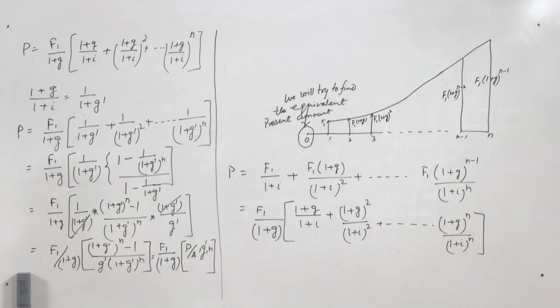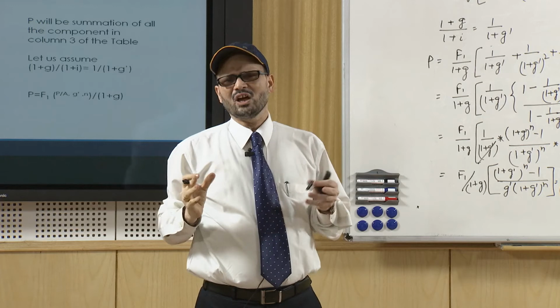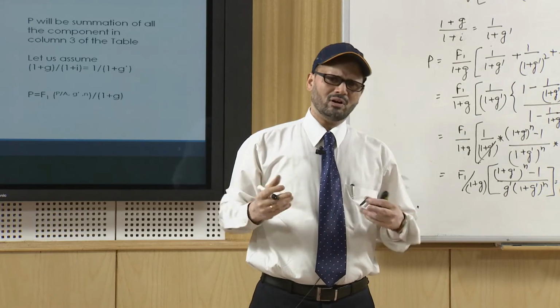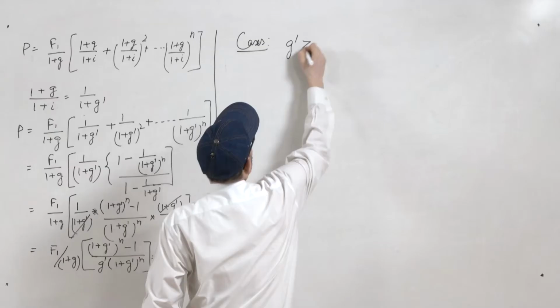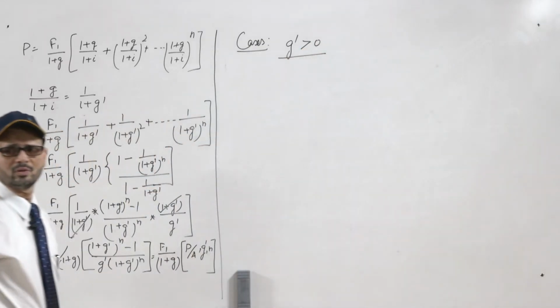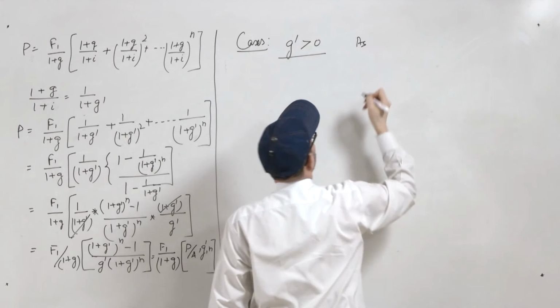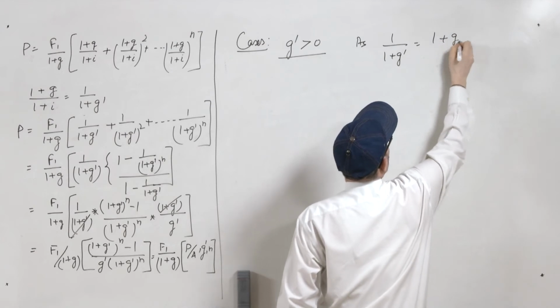Now, let us see the different aspects of this series. There may be cases: what should be the value of g and what should be the value of i, how they are matching with each other, whether g is more than i, or g is less than i, or g is equal to i. Basically that will determine the value of g prime. Now, let us say if g prime is greater than 0, we know that 1 by (1 plus g prime) is (1 plus g) by (1 plus i).